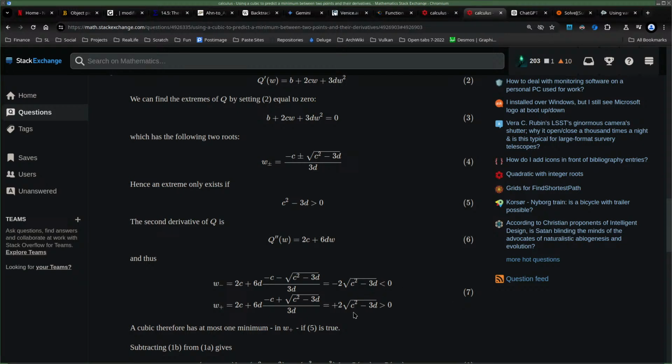Bullshit, sorry. Is not equal. This is a colon or something. Corresponds with.